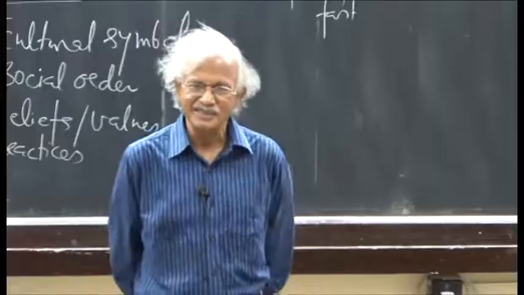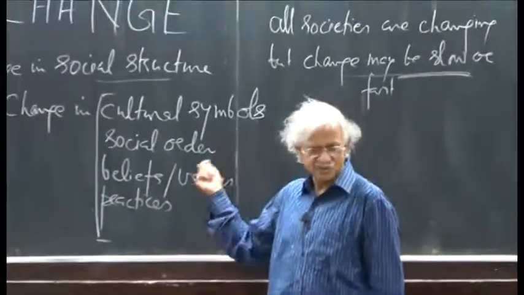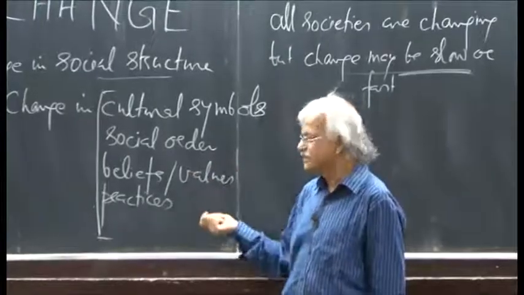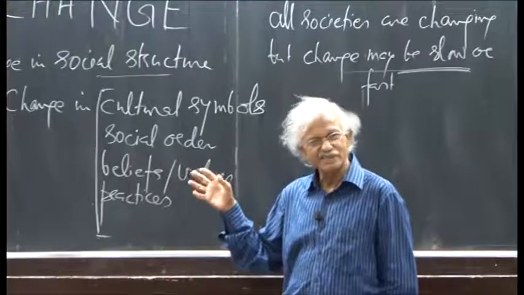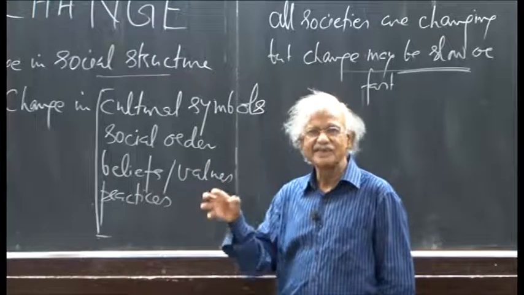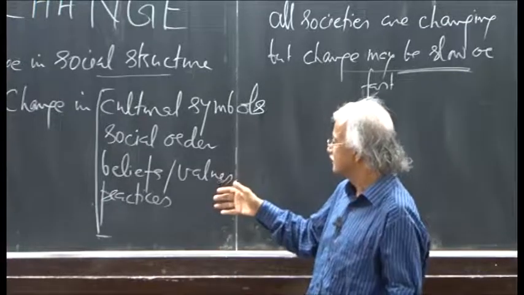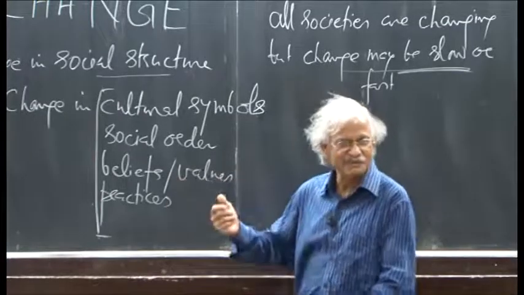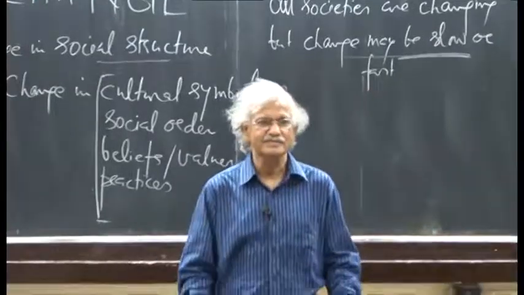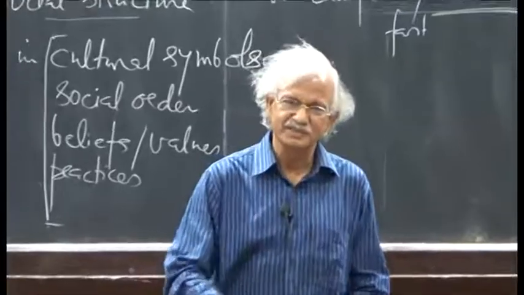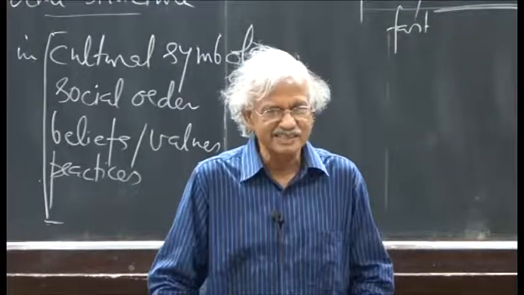When they became Buddhists, their cultural symbols changed, their social order changed, their ways of thinking, beliefs and values changed. In place of the old shamanic, tantric kind of values and beliefs, they had Buddhist values, beliefs and practices, with more importance given to the new religious texts, the Buddhist texts.